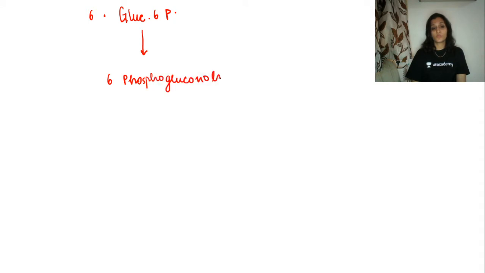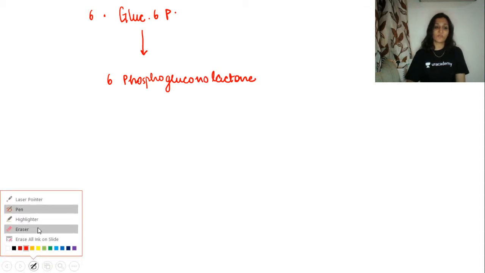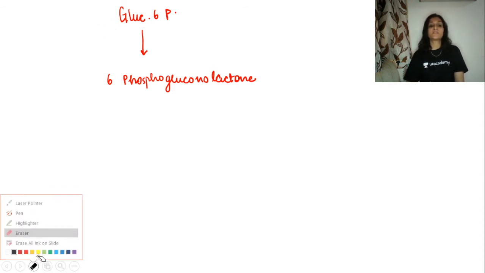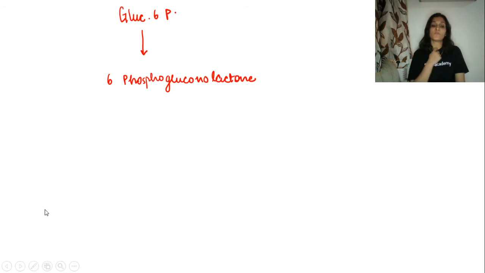I will just rub this 6 in front of gluconolactone, sorry, 6 in front of glucose 6 phosphate, so you are not confused. In 6 phosphogluconolactone, the 6 is telling you about the position of the phosphate.